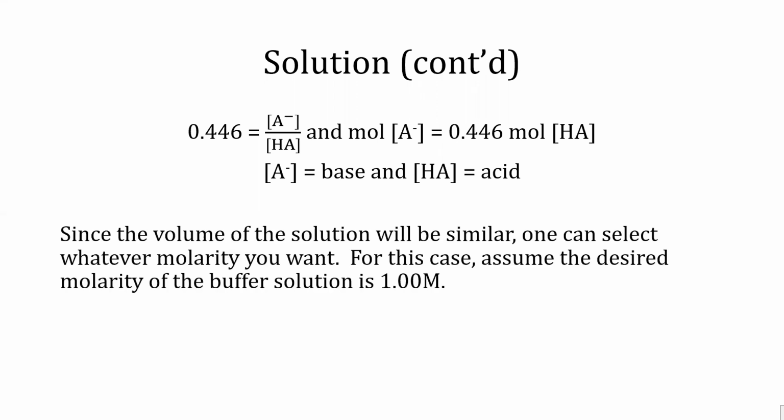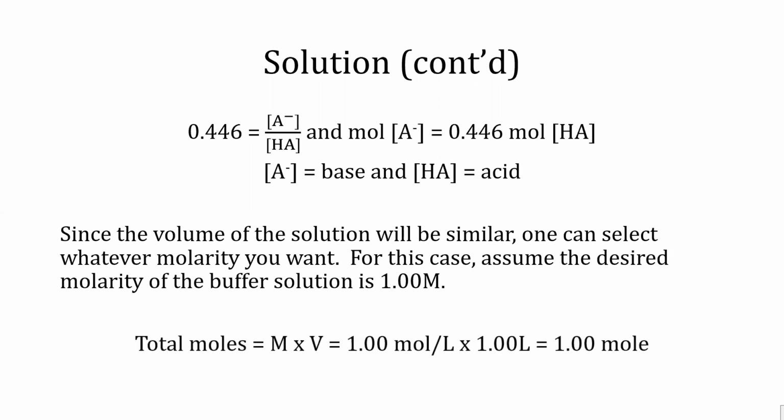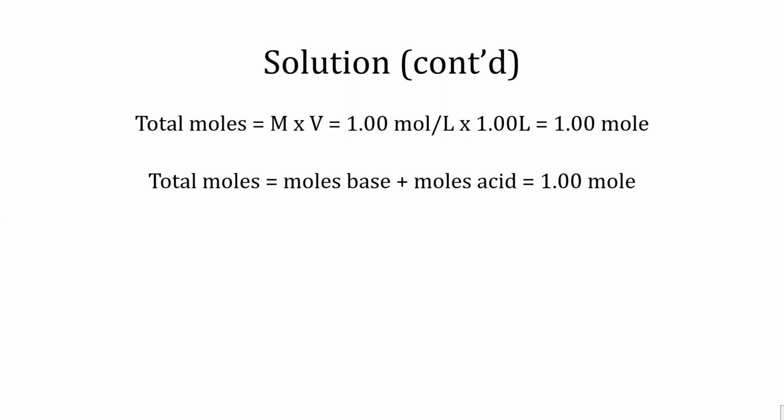Since the volume of the solution will be similar, the desired molarity of the buffer solution is 1.00 M. Total moles equal 1.00 moles. This means that moles base plus moles acid equals 1.00 mole.